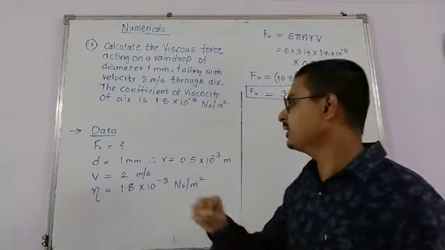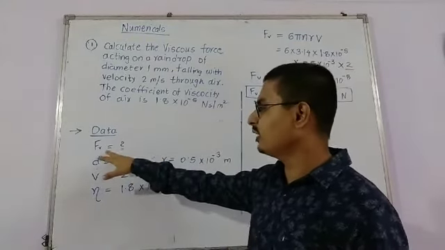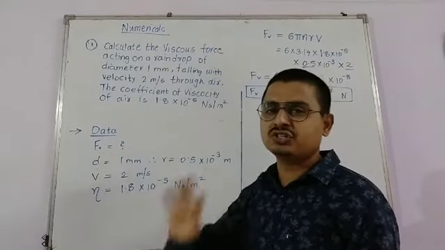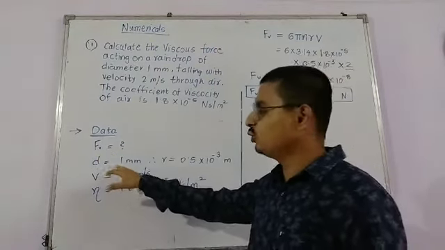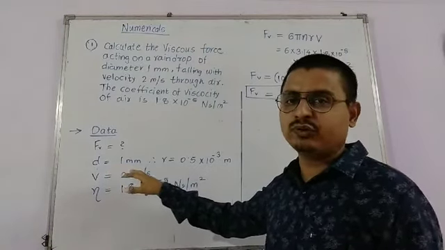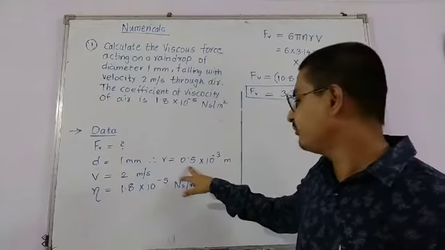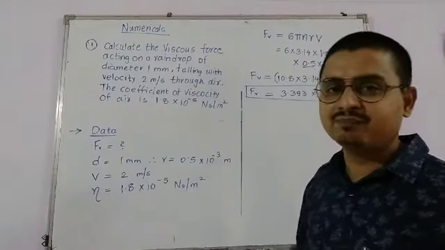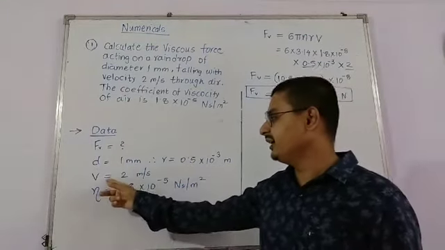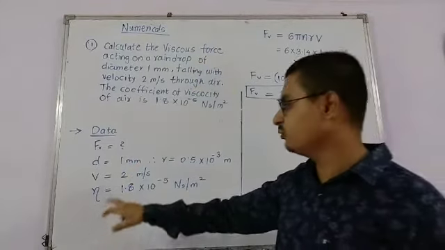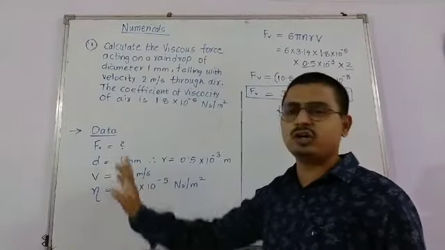So यहाँ पे हमने mention किए that we are going to find viscous force. So I wrote here Fv equal to question mark. Then D is equal to diameter, that is 1 mm. So we found radius equal to 0.5 mm, that is 0.5 into 10 power minus 3 meter. Then the velocity with which the raindrop is falling, that is 2 meter per second. So we stated here 2 meter per second velocity.